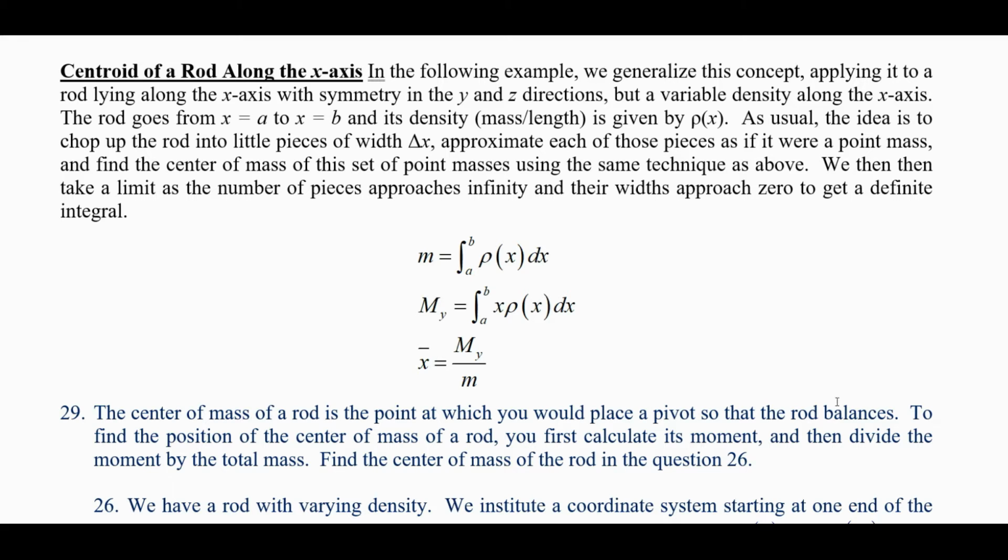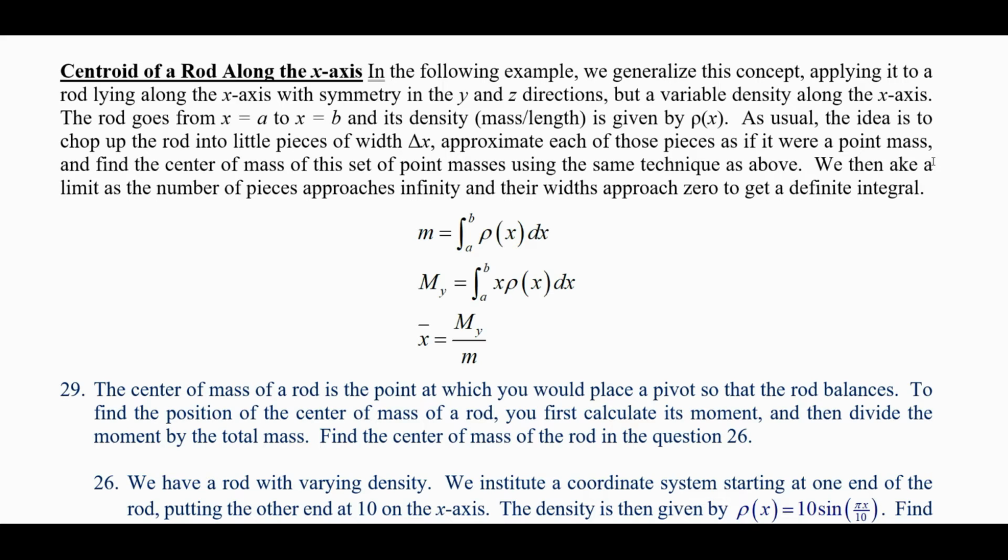We then take a limit as the number of pieces goes to infinity and their widths approach 0 to get a definite integral. So the mass then becomes the integral from a to b of rho of x dx.